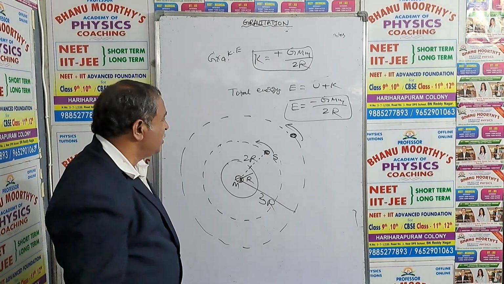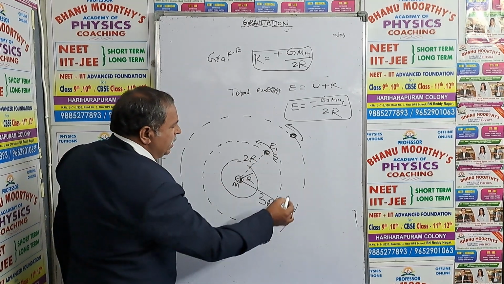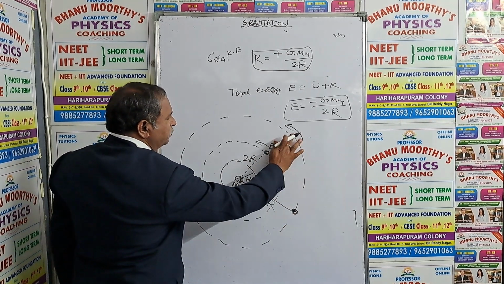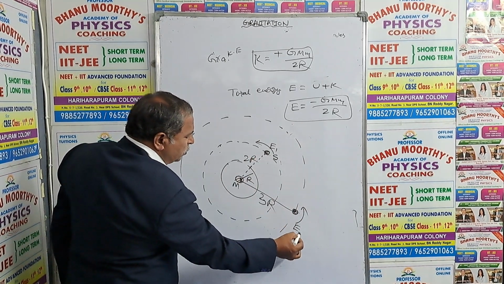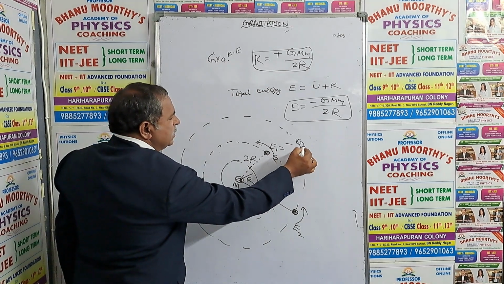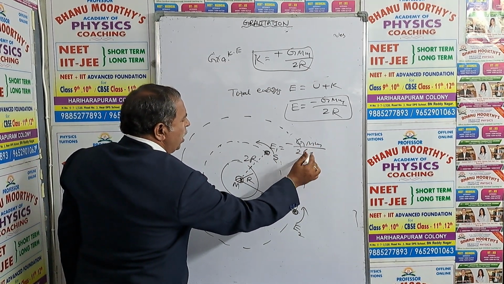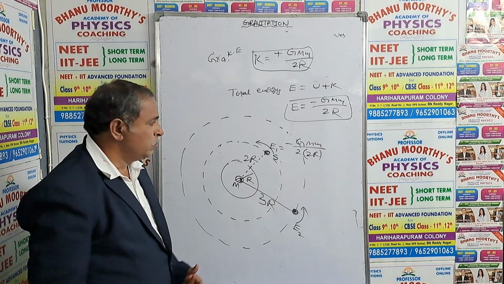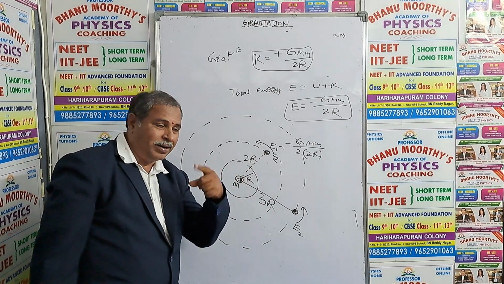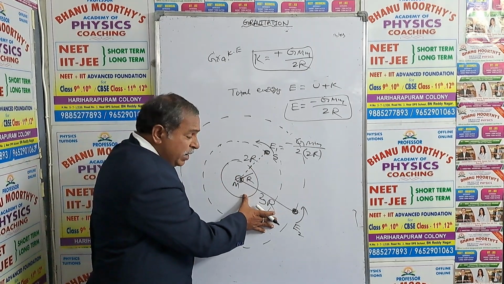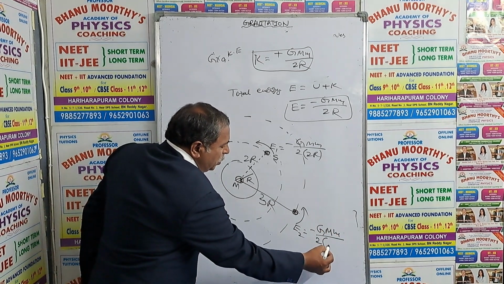That is the question. In this case, the total energy is E1 here and E2 there. E1 is given by the formula minus GMm by 2 into 2R, because the radius of the first orbit is 2R. The radius of the second orbit is 3R, so E2 is minus GMm by 2 into 3R.